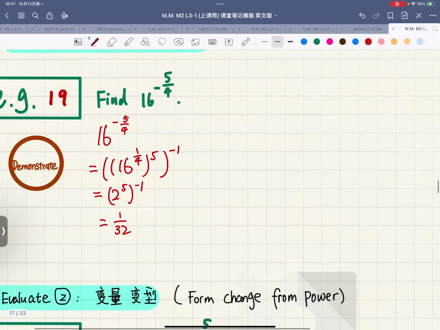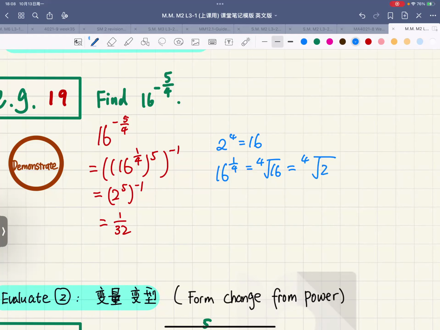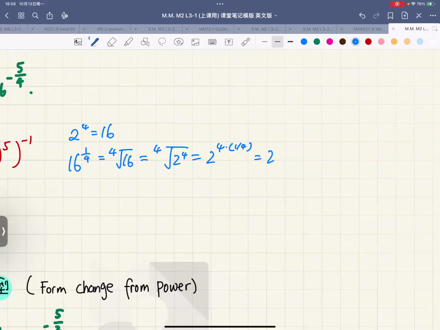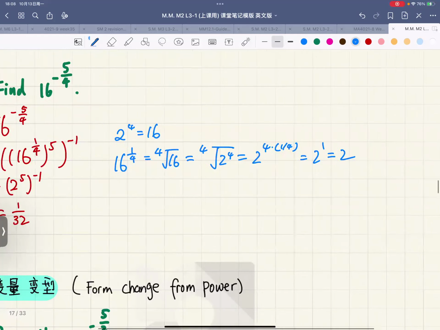Okay. If you're confused about how we get this step, I'll just write it here. 2 to the power of 4 is equal to 16, right? 16 to the power of 1 over 4 is equal to the fourth root of 16, which is the fourth root of 2 to the power of 4, which is equal to 2 to the power of 4 times 1 over 4, which is equal to 2 to the power of 1, which is 2.